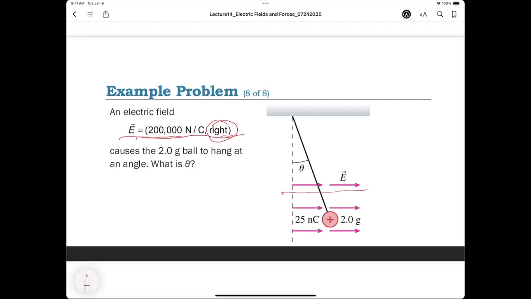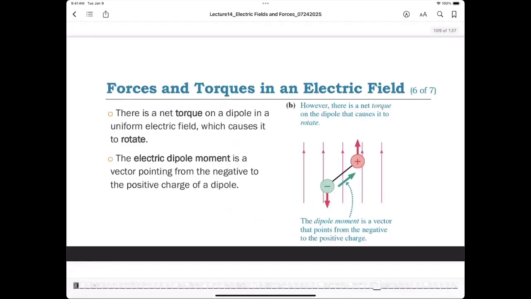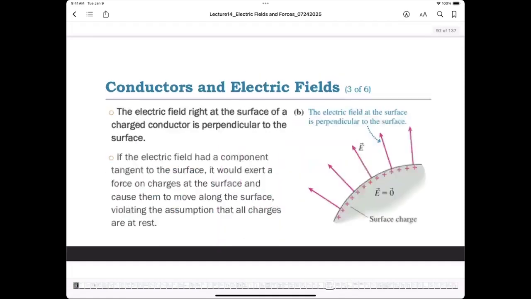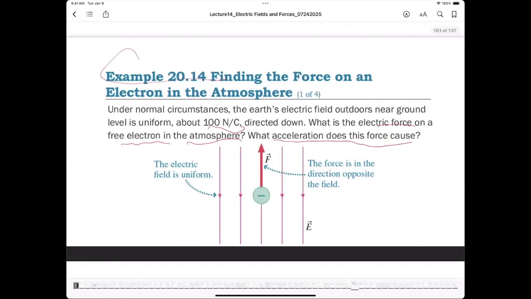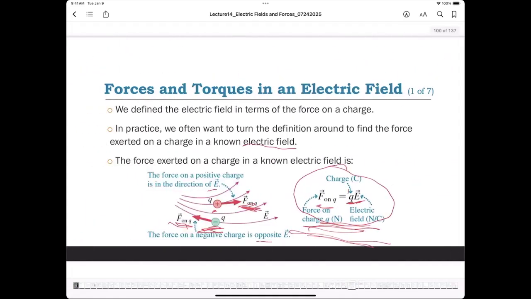What is the angle theta? Because this charge has this value, you can use this equation to calculate the force first.